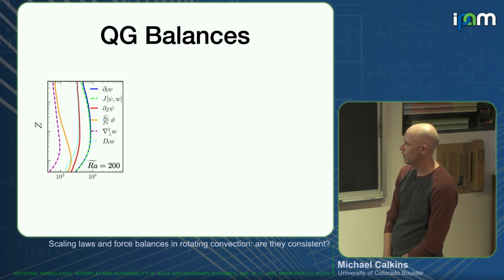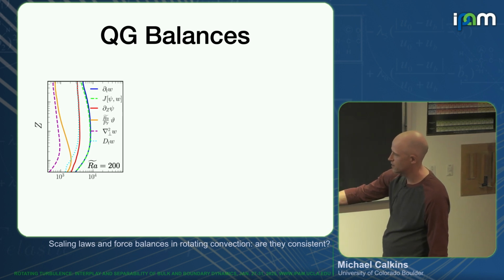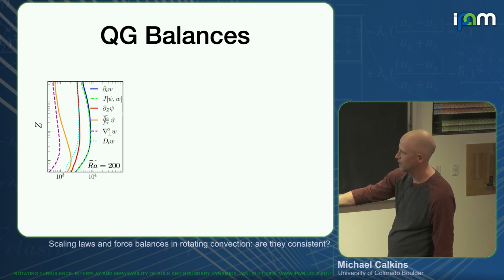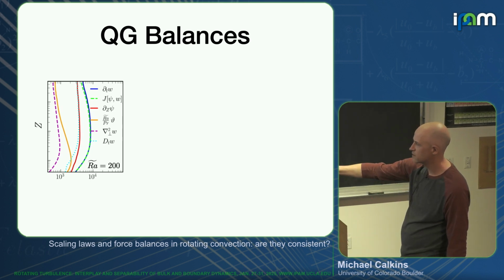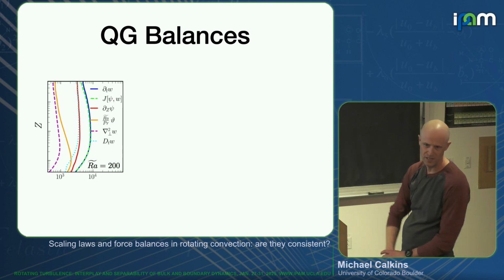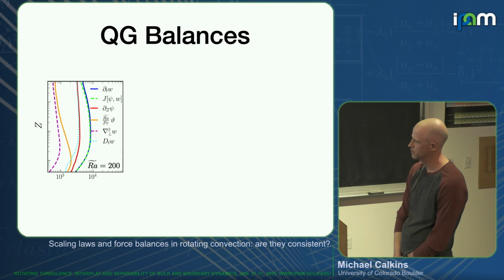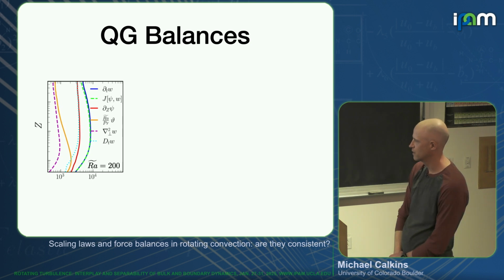And what you see there is that, as you expect, inertia does play a dominant role at high Rayleigh number. However, one of the interesting things is that the buoyancy force scales in such a way that it becomes comparable to the viscous force in the interior. The only part of the domain where it remains a dominant feature is right at the thermal boundary layer.